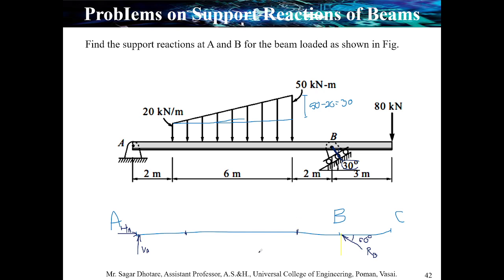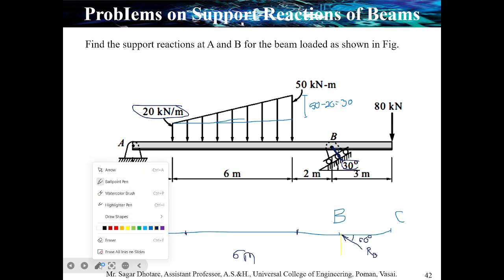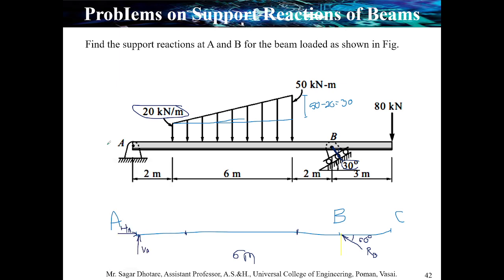distributed load is acting for a 6 meter span. Okay, total span is 6 meters. Now first, let us consider the first force, that is 20 kilonewton, which is a uniformly distributed load, that is UDL.